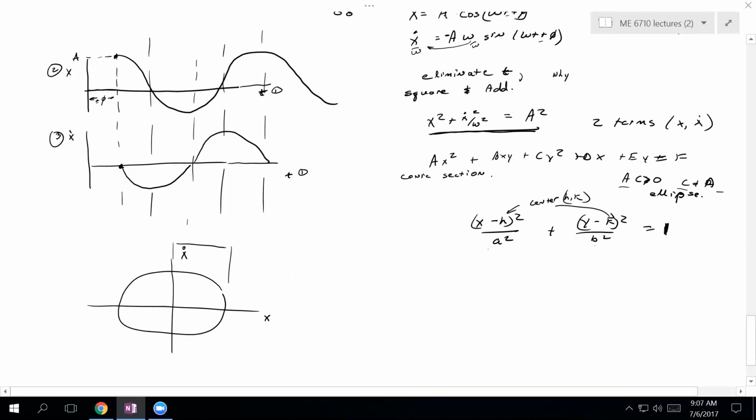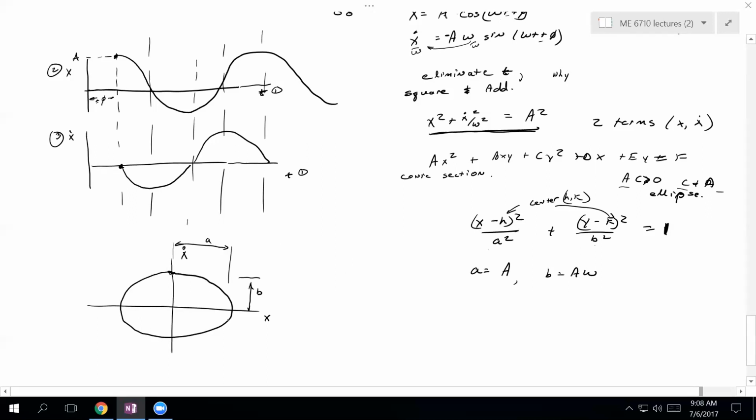This is my A, this is my B. And in this problem, my A was equal to cap A, and my B is equal to A times omega. And this is the solution. This is the solution to my dynamics right here.